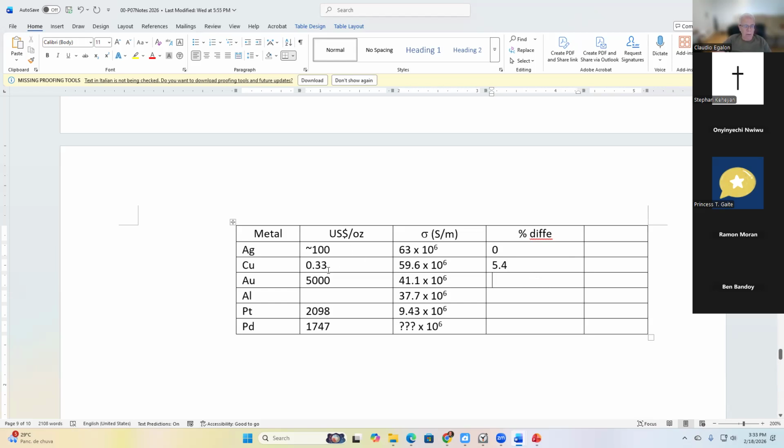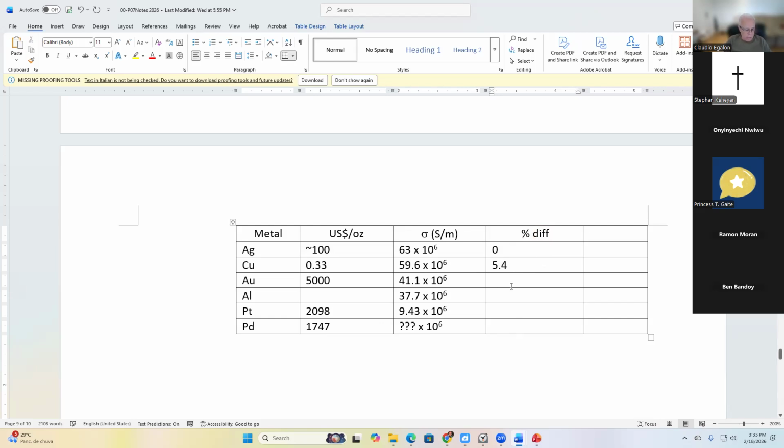And yet the price is 100 times more, right? More than 100 times. 200 times more? No, 300 times more. The price of silver with respect to copper. Percentage difference in thermal conductivity, right?